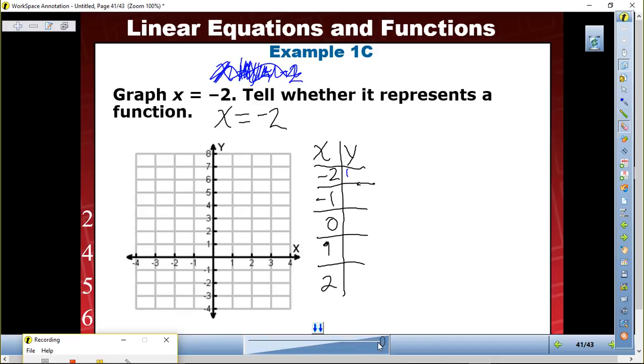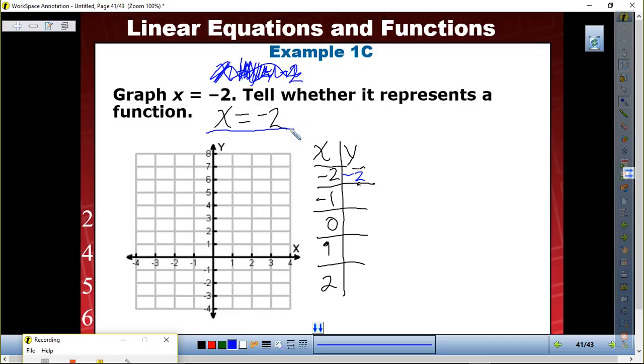Hold on. -2. So when y is -2, what is x? -2. How about when y is -1? What is x? No. -2. That means we need to change this, right? -2.